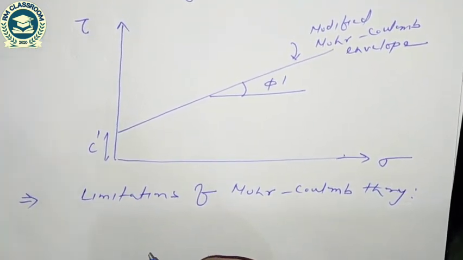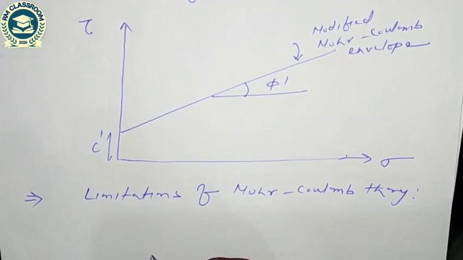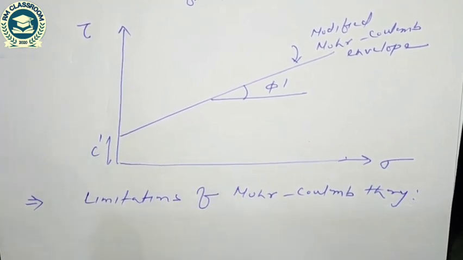So what is over-consolidated soil? I told you in the soil mechanics class, over-consolidated soils are those in which the over-consolidation ratio is greater than 1, and over-consolidation ratio is the ratio of past overburden pressure to the present overburden pressure.